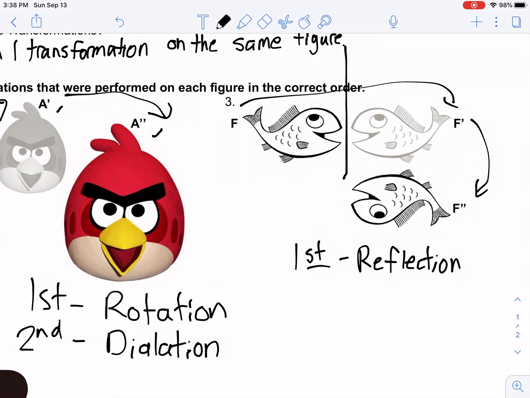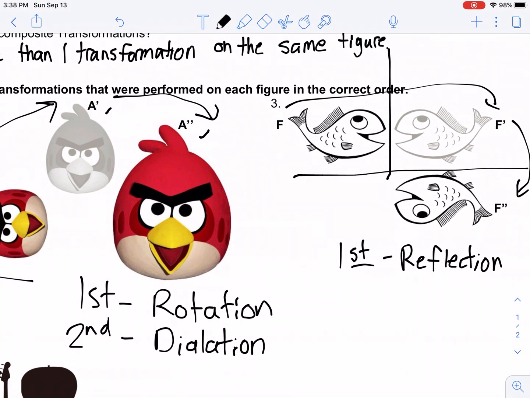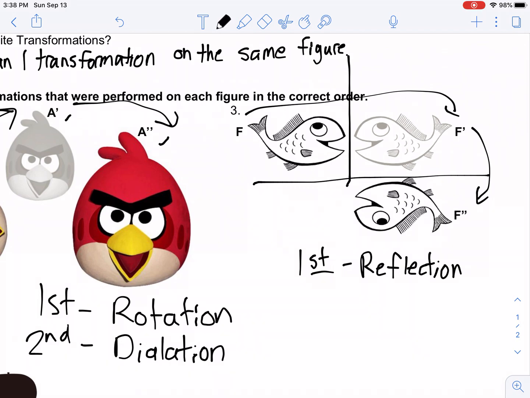Again, if I draw a line of reflection here, doesn't that look like a reflection too? Yeah, it does. So the second transformation is also a reflection. In this case, it was an interesting example where we reflected it once and then reflected it again to get from F to F primed to F double primed.